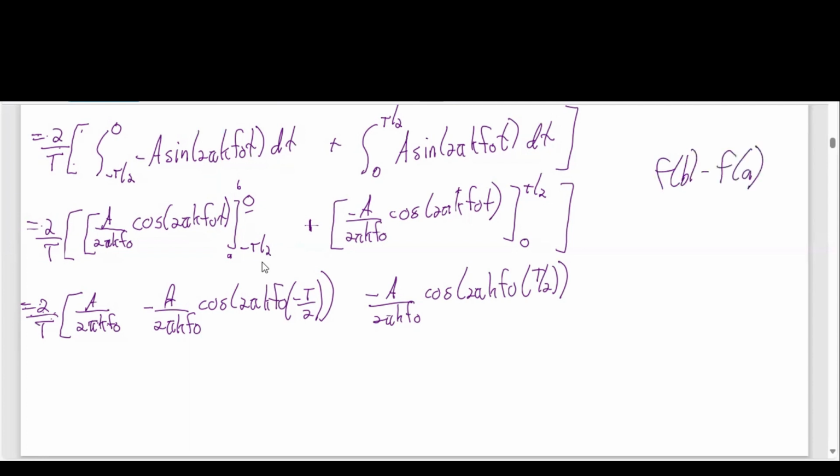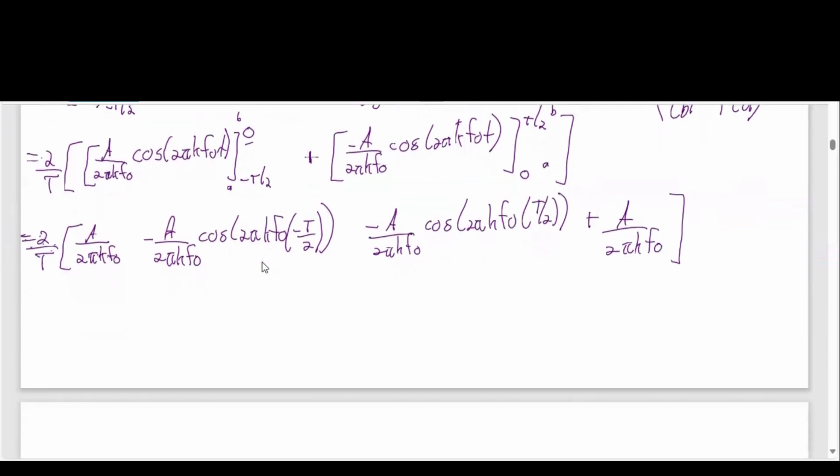B is the top and A is the bottom. So that is B, nothing changed, the minus will stay. Then you have to minus something that is already a minus, so it'll be plus. And when you plug 0 into it, just like before, this whole thing will go to 0, and cos of 0 is 1. So you end up with A on 2 pi k f naught, right? And we close the bracket.